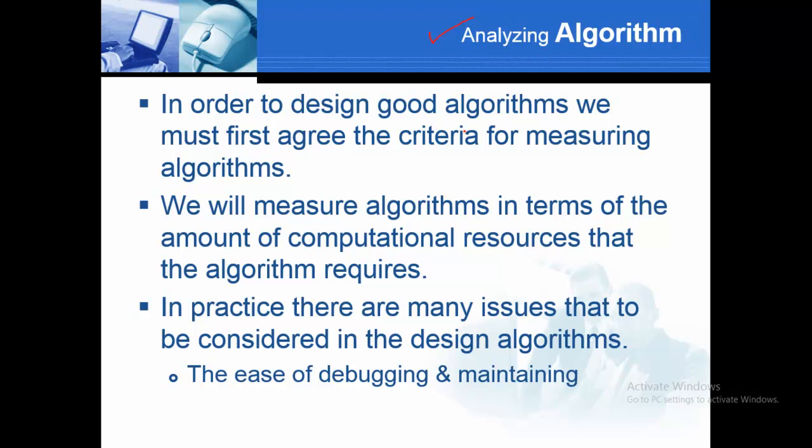In order to design good algorithms, we must first agree on the criteria for measuring algorithms. We will measure algorithms in terms of the amount of computational resources that the algorithm requires. Keep in mind, for every task you must require some resources. So here resources may be the input resource from where you take the inputs, your hardware resource.